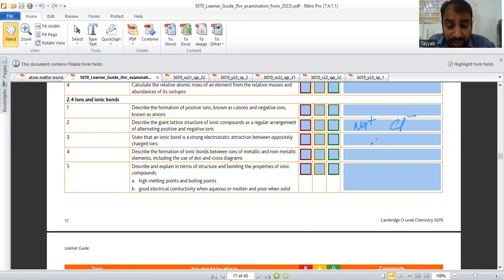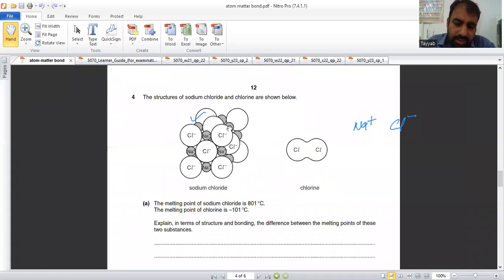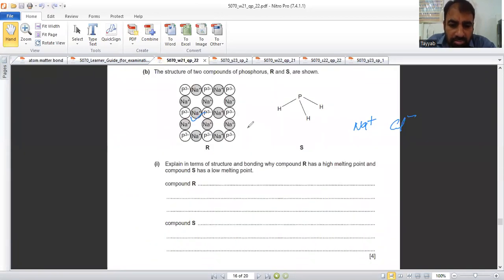They have a regular arrangement. Ions in an ionic compound are regularly arranged in a lattice structure. So I would like to show you the lattice structure of an ionic compound. Yes, this is the lattice structure of sodium phosphate.